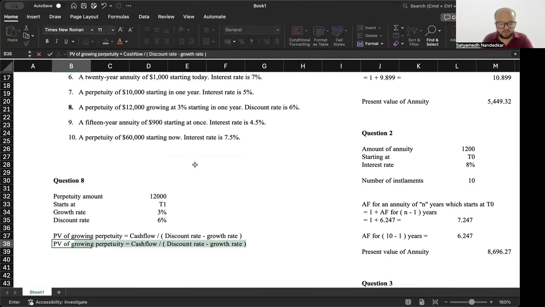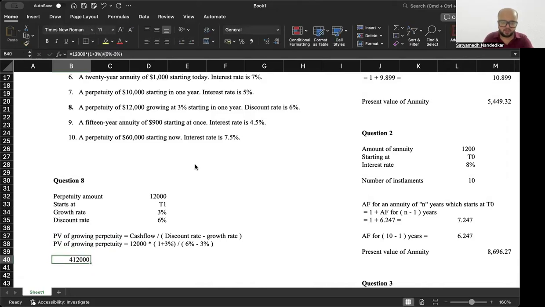When I say PV of growing perpetuity, the cash flow is the first cash flow after incorporating the growth rate. So 12,000 into 1 plus 3% divided by 6% minus 3%, which is 4,12,000.